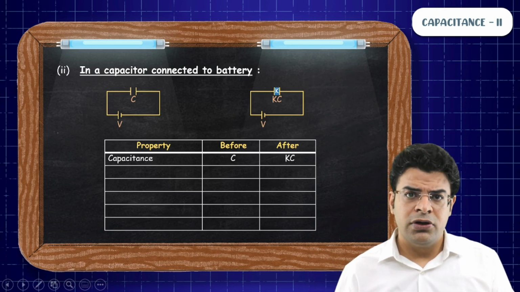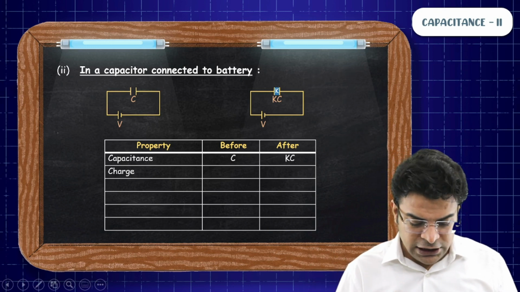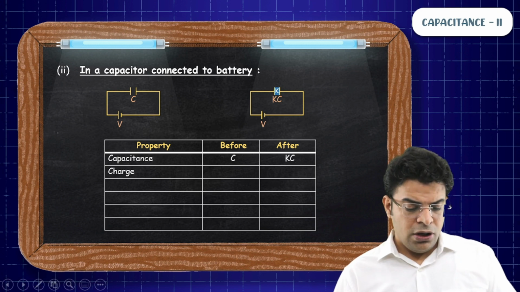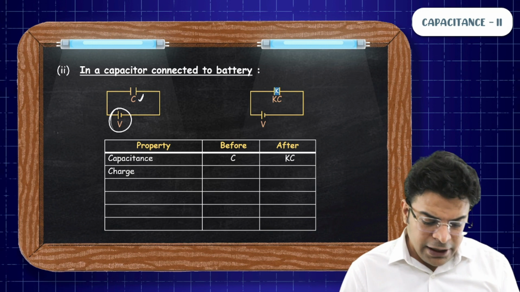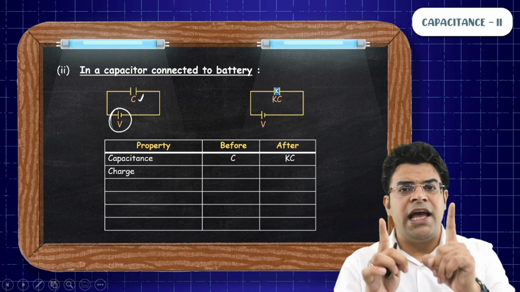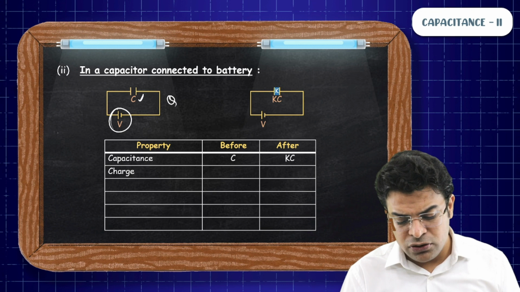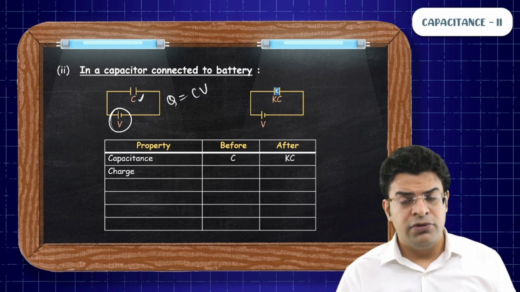That's all. Now let's talk about the charge. Sir, see, when you connect a capacitor of capacitance C to a battery which produces a potential drop V across its plates, then the charge on the capacitor will be CV, Q equals CV.